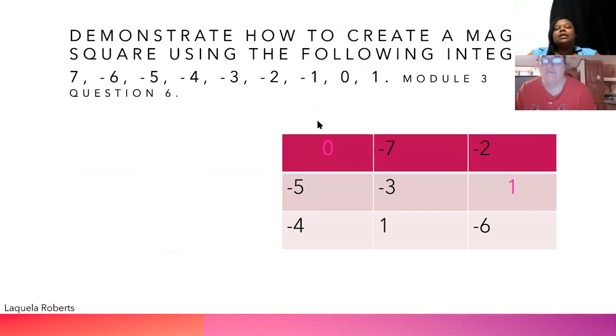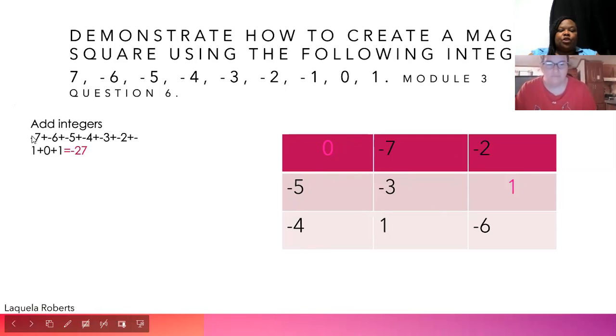All right. So as you see here on our table, we have 0, -7, -2, -5, -3, 1. Because those two, the 0 and the 1, were the ones given to us, and -4 and -6 we had to figure out.